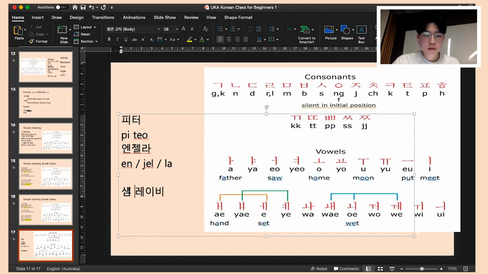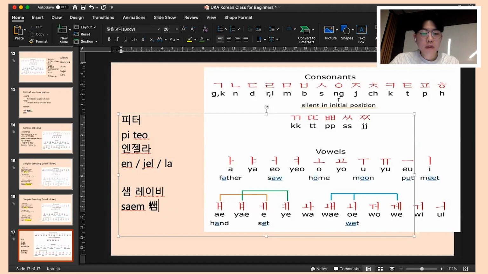So first is S, A, E, M. So it looks weird, but it's actually Sam. In Korean, there are some people saying this one, Sam, because this is same, right?